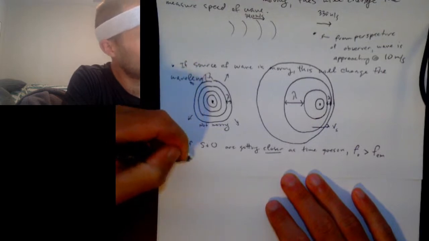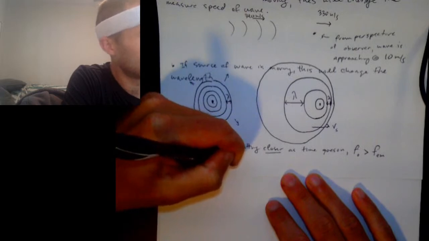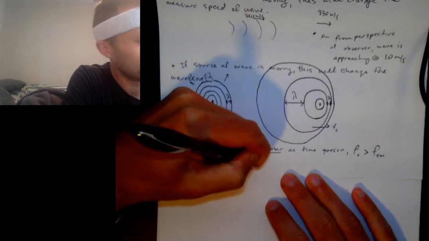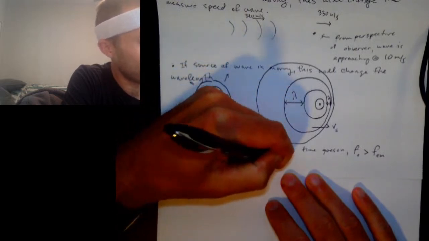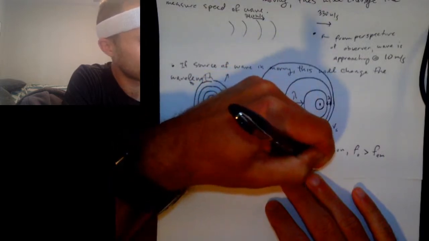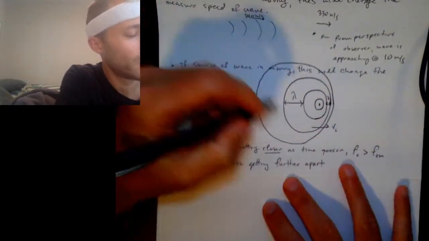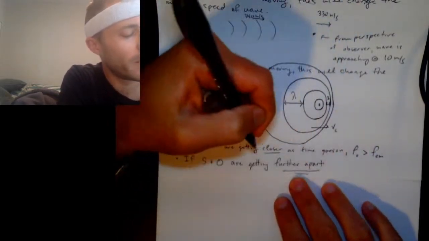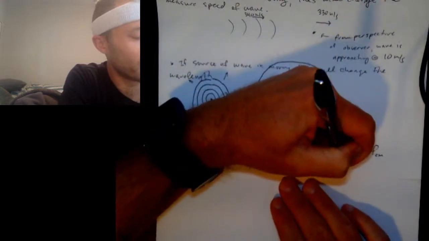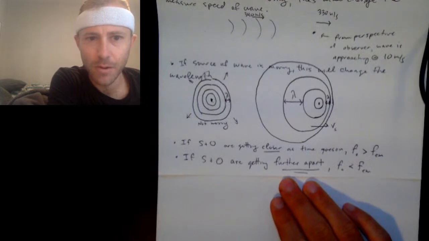If the source and the observer are getting further apart, then the observed frequency is going to be less than the emitted frequency.